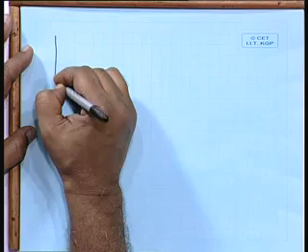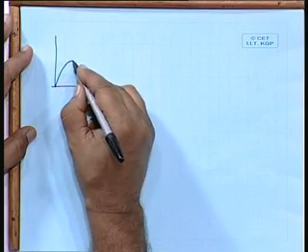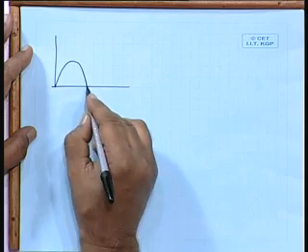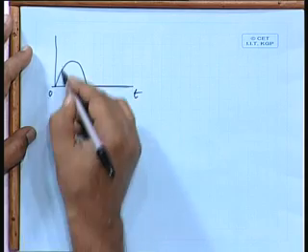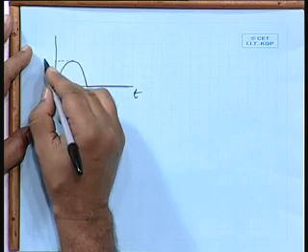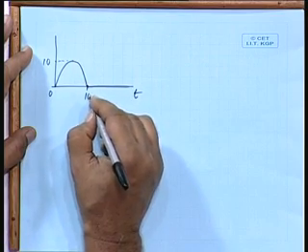Another example I would like to take up. What is the representation of this function? Suppose this is 10 and this is say 10 seconds.